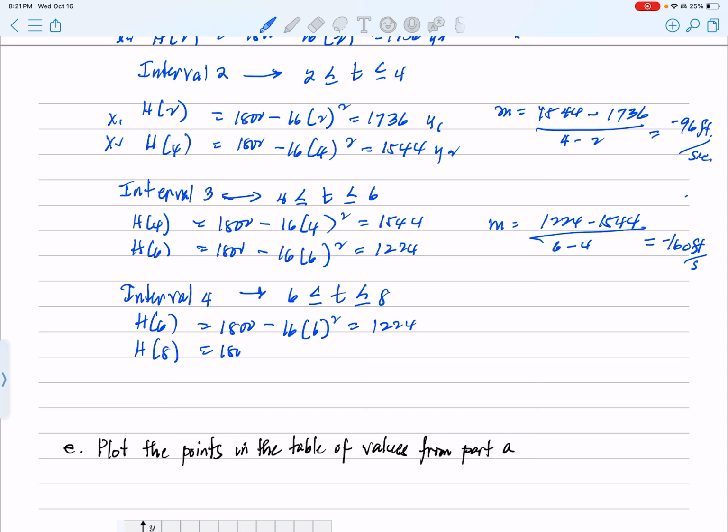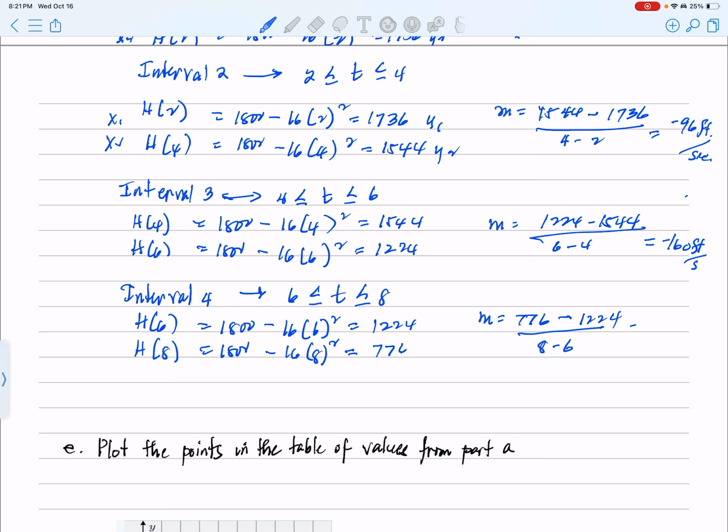This is 1800 minus 16 times 8 squared, which is 64, and we have 776. So in getting the slope, we have 776 minus 1224 over 8 minus 6.